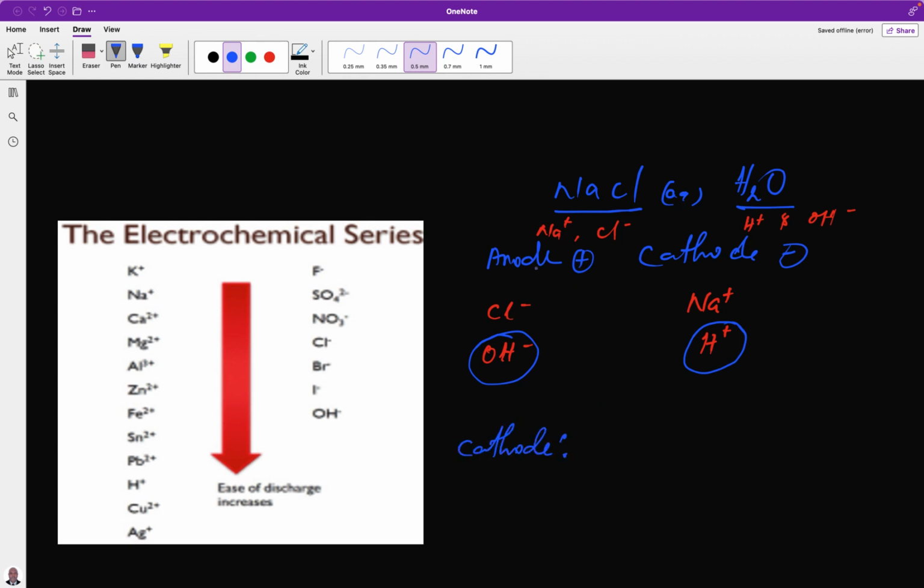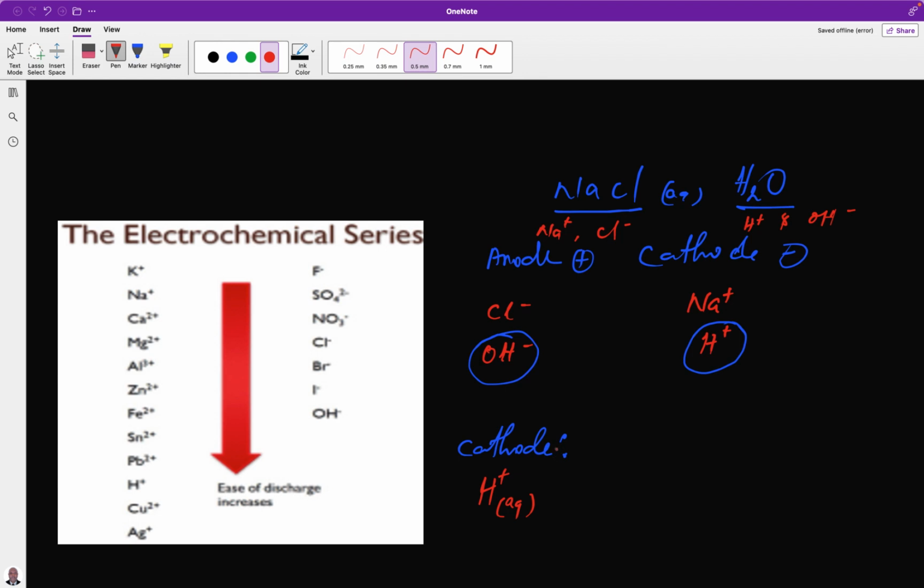Initially at the anode it was the OH. We are done with the OH. Now at the cathode, what is going to be discharged is the hydrogen ion. So writing the equation at the cathode, this is what we are going to observe. The hydrogen ion in aqueous condition is going to do what?